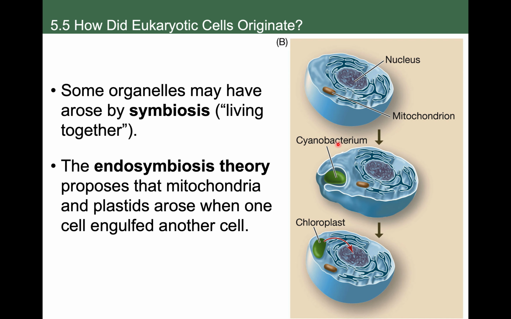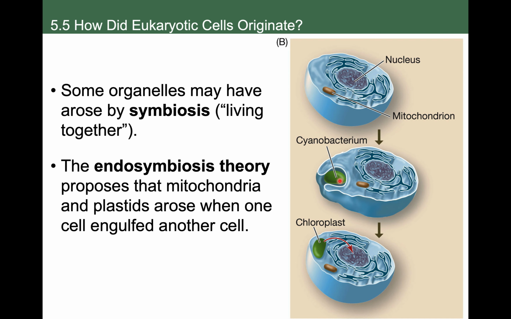So in the case of the photosynthetic cyanobacterium, that bacteria is getting nutrients from the host cell, and the host cell is maybe getting some sugar that's being produced by photosynthesis from that cyanobacteria, so both benefit.